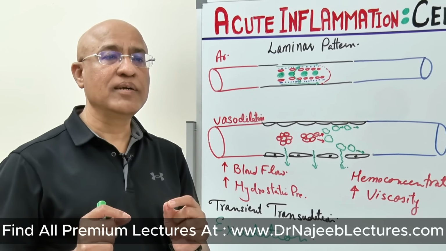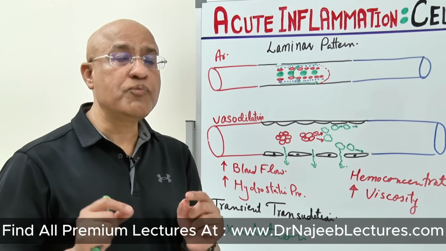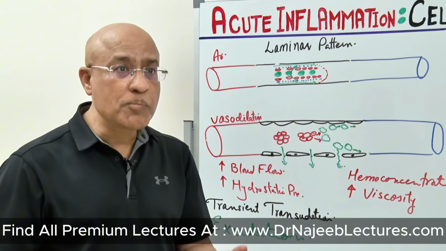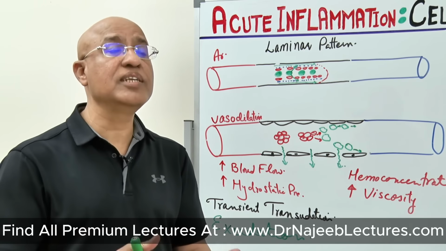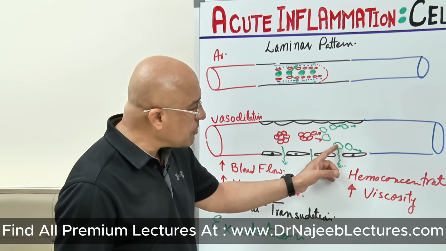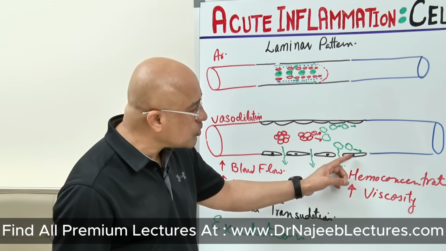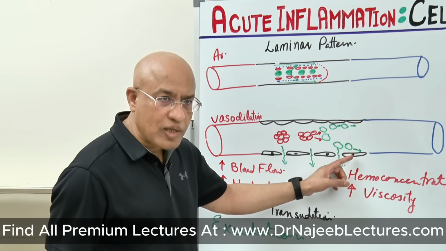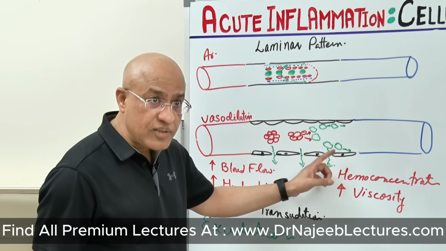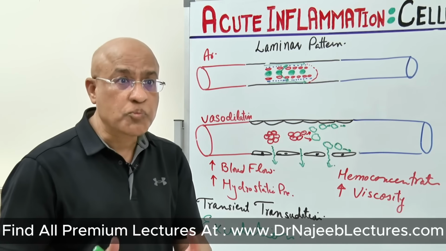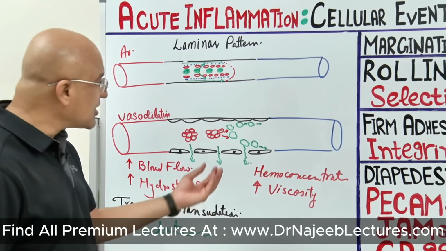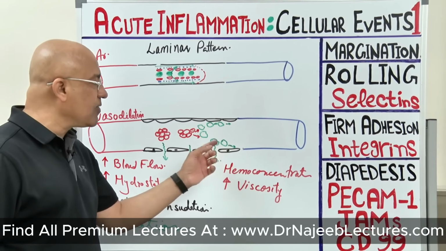It's a requirement that will be followed by expression of adhesion molecules, as we will see in the next lecture. As neutrophils or other white blood cells become near to the endothelium, which is activated by different chemical mediators, this endothelium expresses different molecules like selectins, and selectins will start interacting.